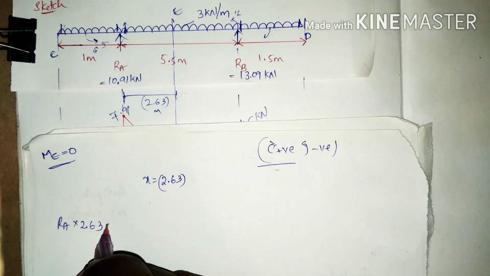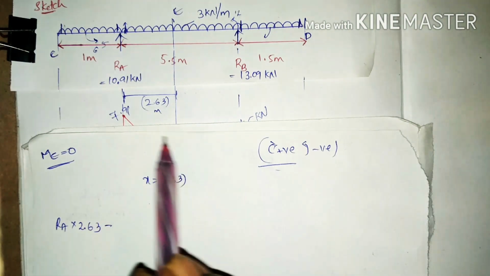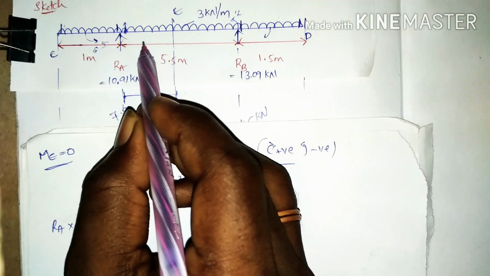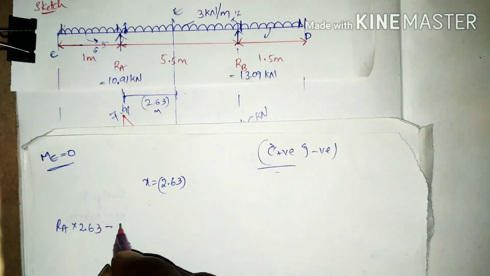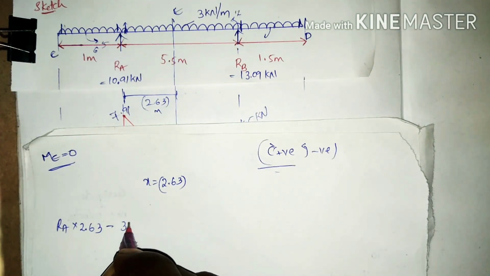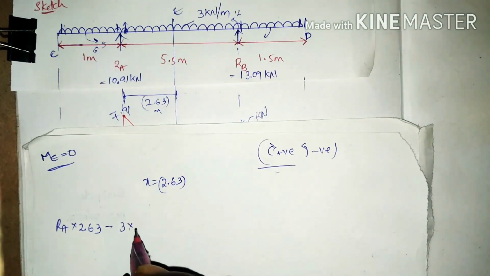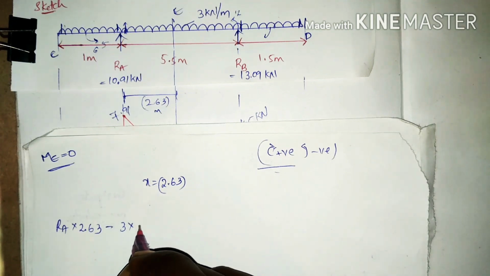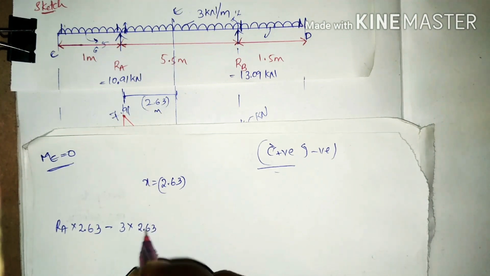And next we are having a UDL between C to E, so negative, acting in the anti-clockwise direction. The value of the UDL is 3, and it is going to act for 2.63 meters.